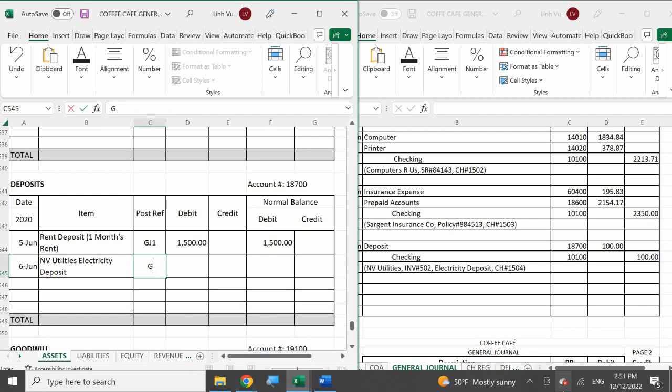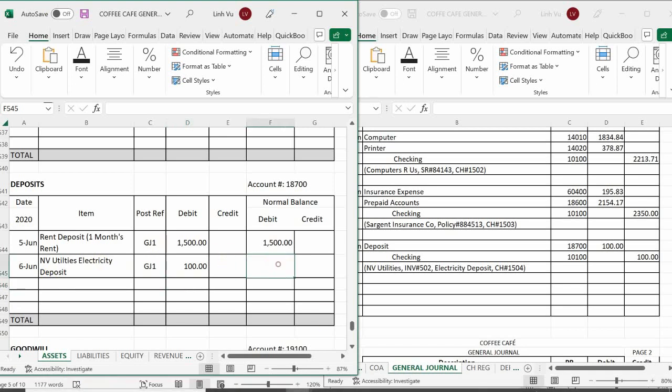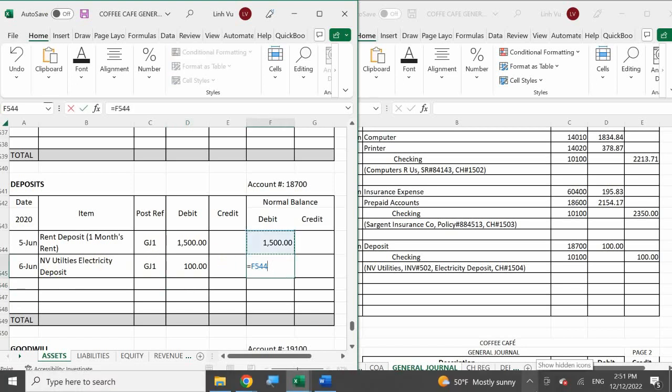And we're still on our first journal. We're at the very bottom of our journal here. And since I'm debiting my deposits, I'm increasing the value of my deposits. So therefore, I should go from 1,500 to 1,600.